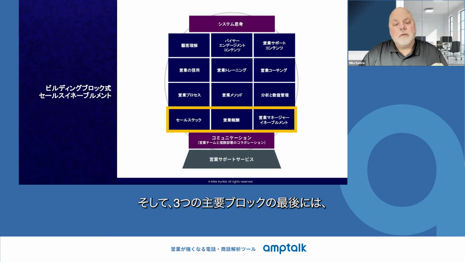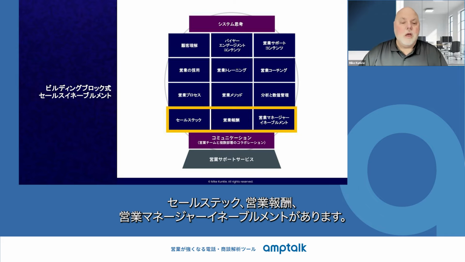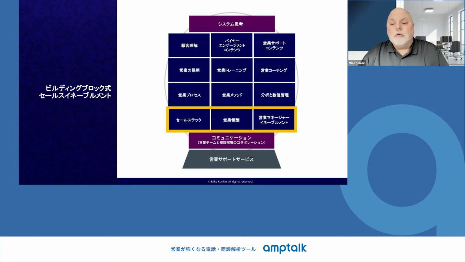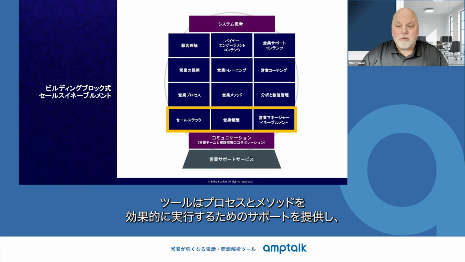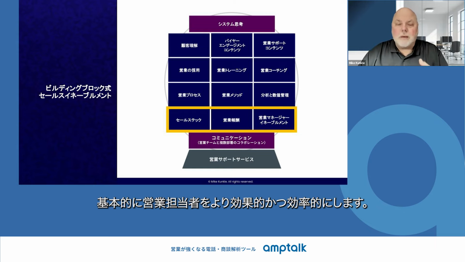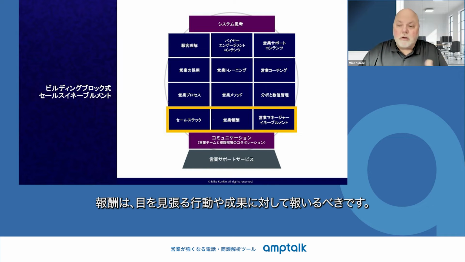And the last of the three core blocks are sales technology and tools, sales compensation and recognition, and sales manager enablement. Tools should support the effective execution of the process and the methodology, basically making the reps more effective and more efficient. Compensation must reward the behaviors and outcomes that you want to see.